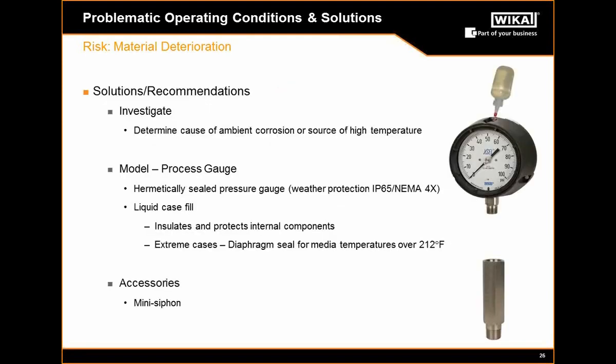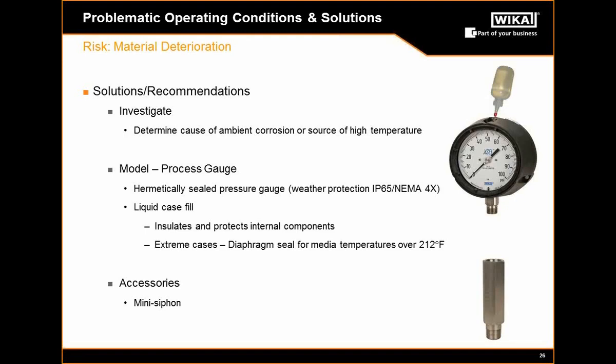The best way to address issues of material deterioration is to determine what's causing the gauge to break down. From there, our hermetically sealed case will help you with the ingress of contaminants, and the liquid case fill will help protect and cool those internal parts. Now in extreme cases, anything over 212 degrees, we could offer you a diaphragm seal and maybe even a diaphragm seal in conjunction with a cooling tower.